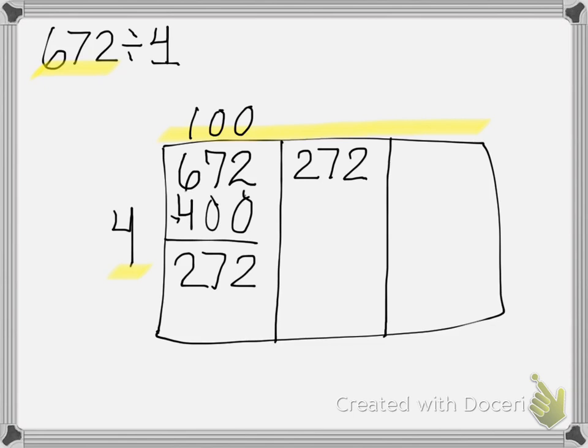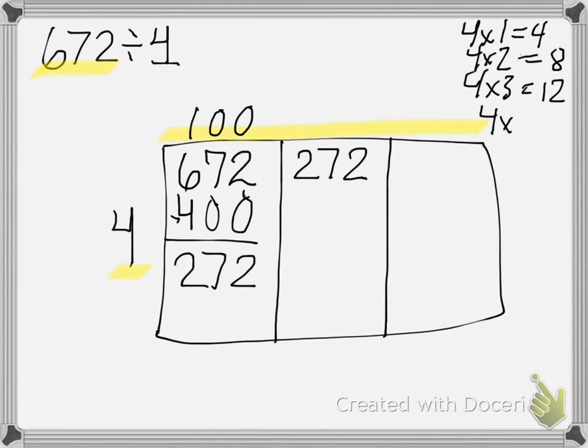So 4 times 10 is 40, and 4 times 20 is 80, and 4 times 30 is 120, and I'm not even close yet, so I need to keep going. One suggestion I had is to come over to the side and write your 4's times tables if you're struggling with how to pick this number out. 4 times 3 is 12, and 4 times 4 is 16.